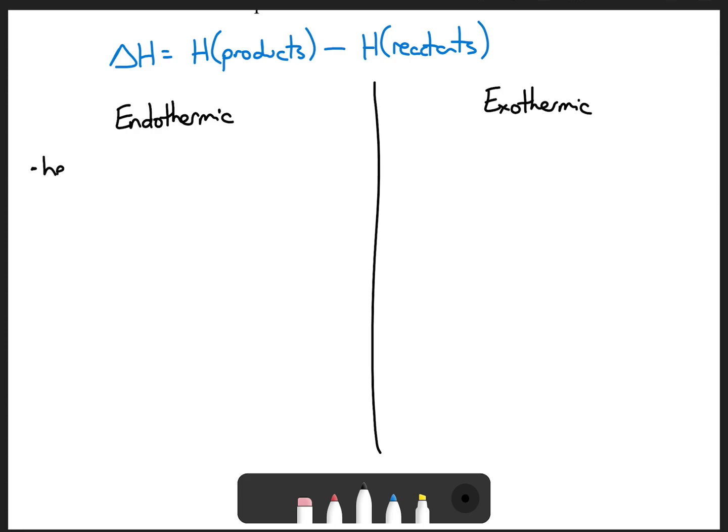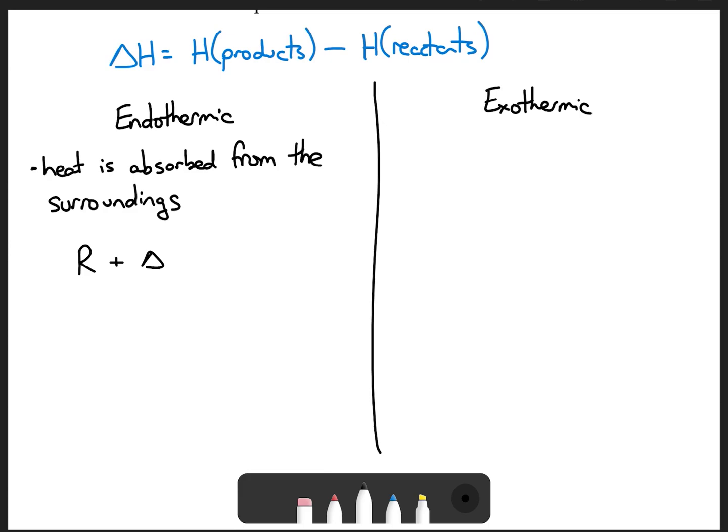The definition of endothermic is we have heat that is absorbed from the surroundings. Chemical equation, reactants plus enthalpy to produce products.